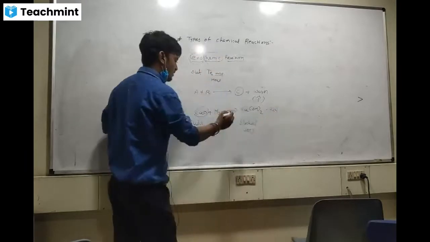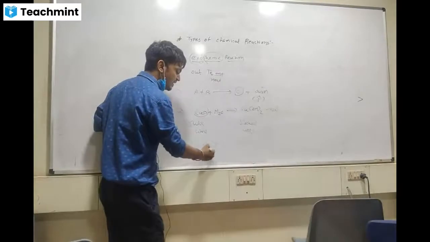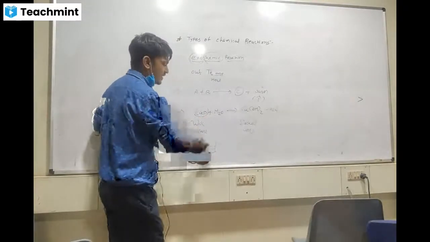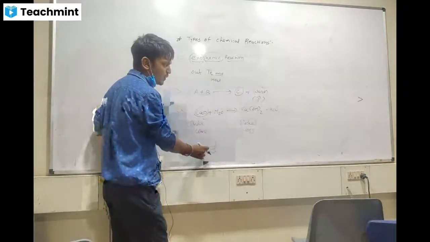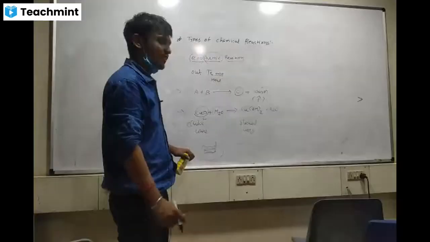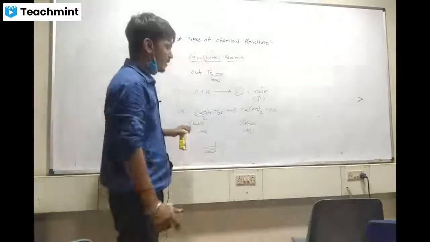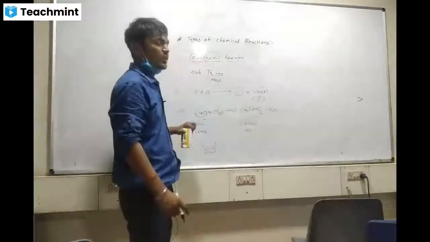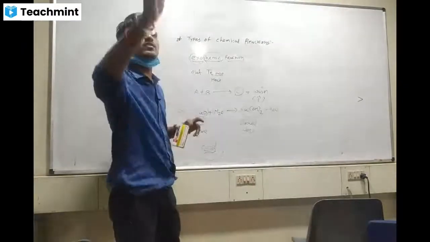So what you have to do, you have to take one beaker. In this beaker you have to add calcium oxide, quicklime, and water. After mixing these two components, if you feel the temperature of this beaker, it is a little bit warm. Because heat is produced during the formation of Ca(OH)2. So this reaction is known as an exothermic reaction.